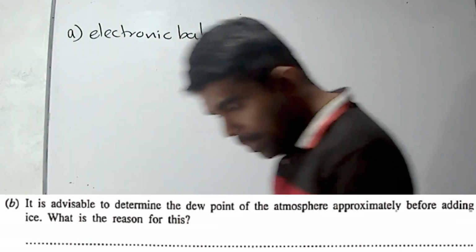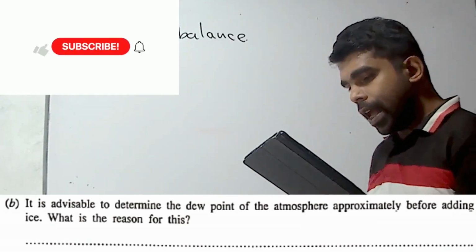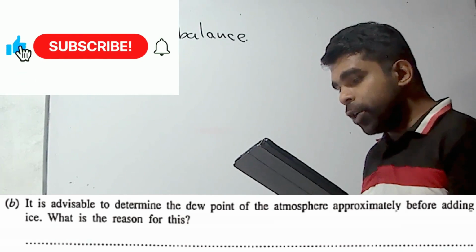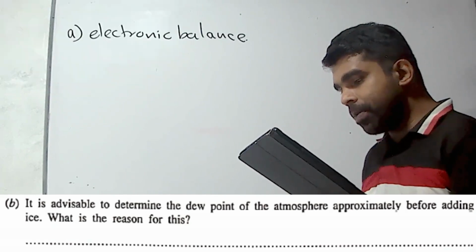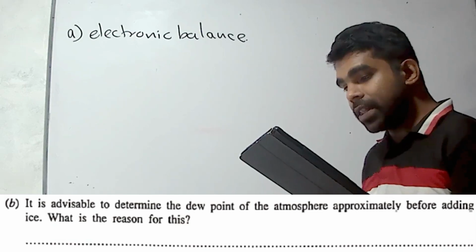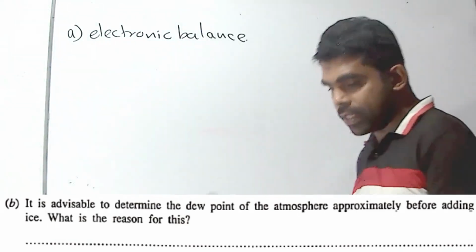In part B, it is advisable to determine the dew point of the atmosphere approximately before adding ice. What is the reason for this?